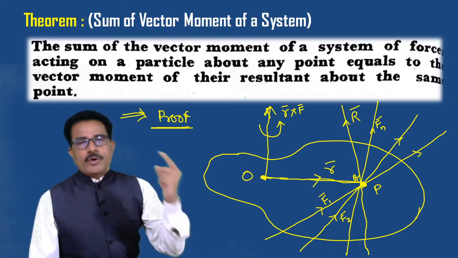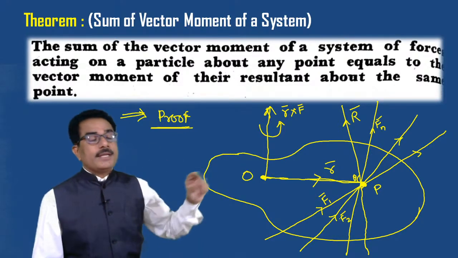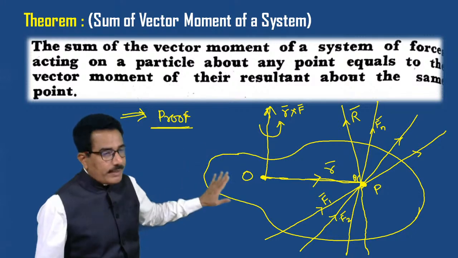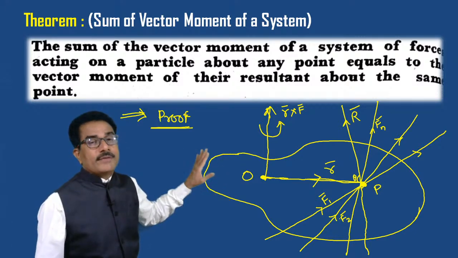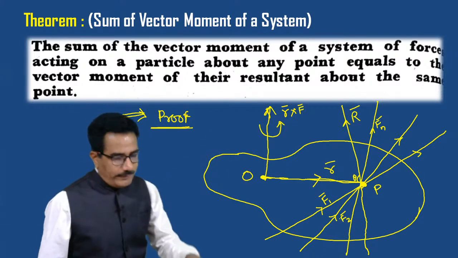The vector moment due to the forces F1 bar, F2 bar, F3 bar about a point O, this is our M, and which we have to prove that vector moment capital M is the sum of all vector moments.